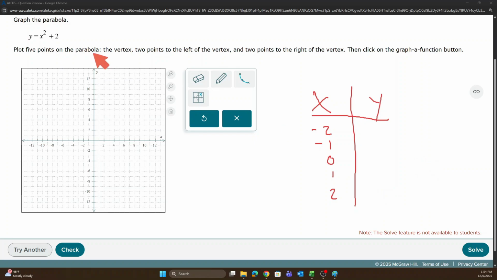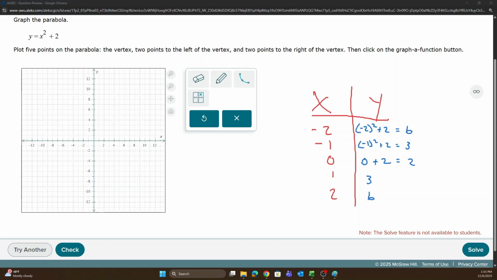When x equals 0, y equals 0 plus 2, which is 2. This is going to be negative 1 squared plus 2 equals 3. And negative 2 squared plus 2, 4 plus 2 is 6. This is going to be 3, and this is going to be 6.